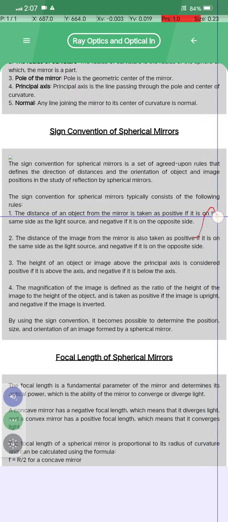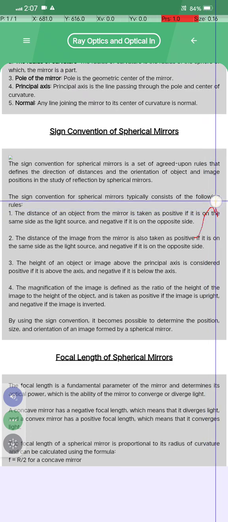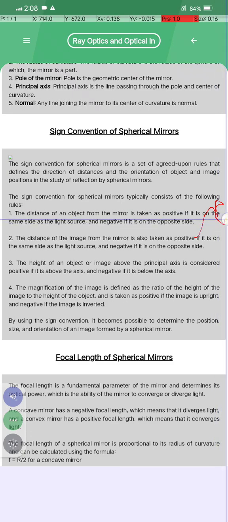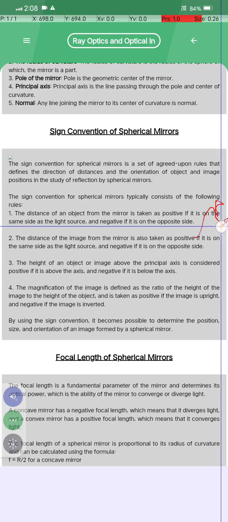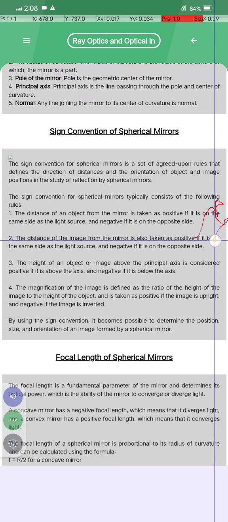The sign convention for the mirror consists of the following rules. First, the distance of the object from the mirror is taken as positive if it is on the same side as the light source, and negative if it is on the opposite side.